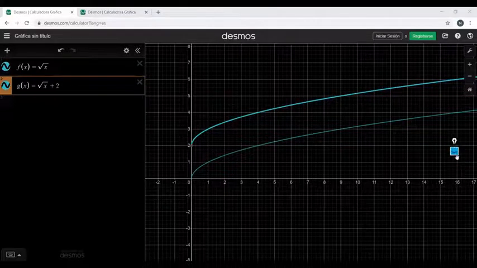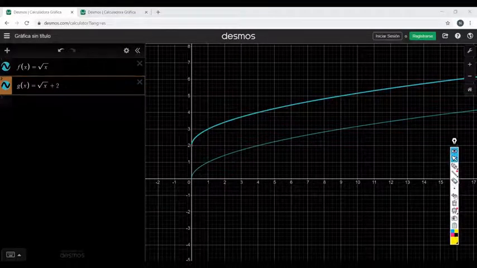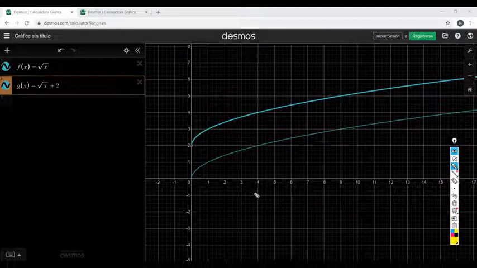Now, if you notice, guys, if you pay attention, what this transformation is doing, this is your parent function, okay? This is my original primitive or parent function, and this is the transformed function. By adding 2 to my original function, what is happening?